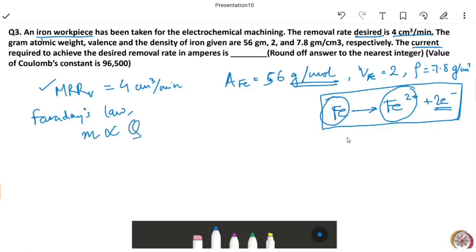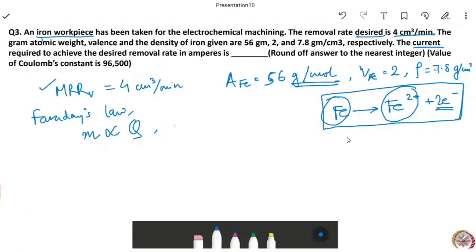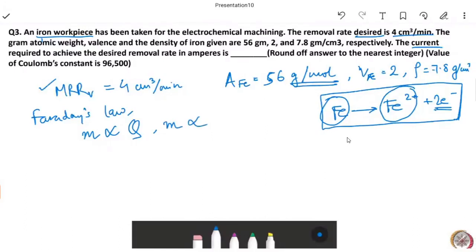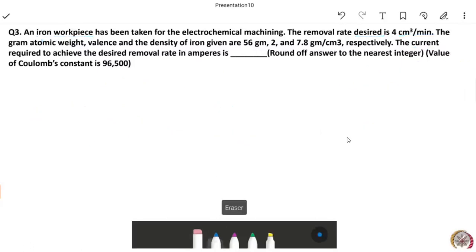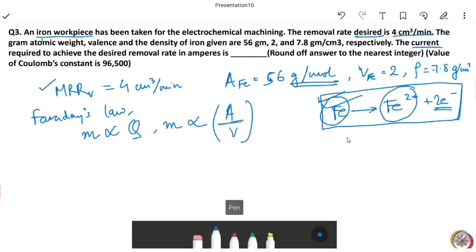So Q, and again mass of material that is removed, or that is taking part in this particular reaction, is directly proportional to the electrochemical equivalent, which is nothing but A by V, atomic weight divided by the valence. So combining both, Q can be written as I into t, which is current into time.